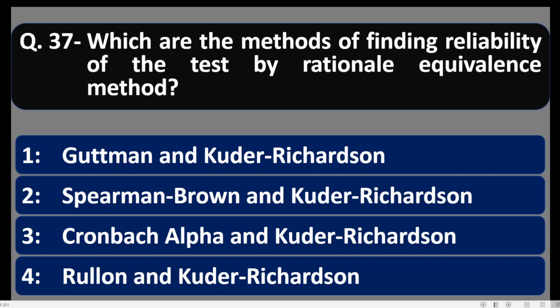So options 1, 2, and 4 are incorrect. For finding reliability by rational equivalence method, we have to use Cronbach Alpha and Kuder-Richardson. So option number 3 is correct.